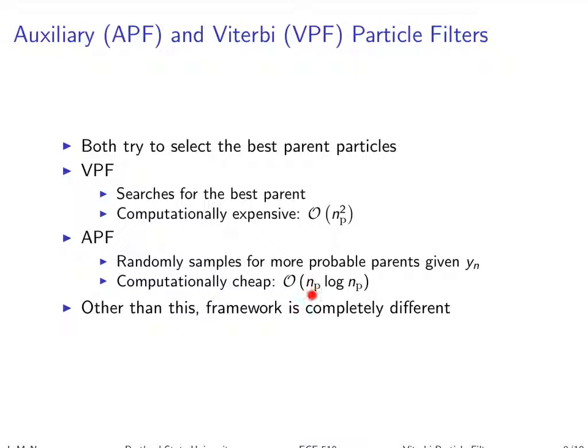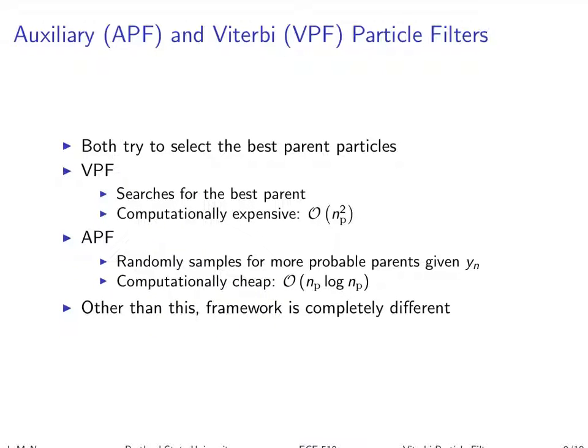That sort operation to do the pre-sampling requires NP log NP operations, which is more or less linear. This log NP increases so much more slowly than the NP factor that I tend to think of this as being very similar to having linear scaling with computation, even though that's not technically true. But it's much cheaper, especially for a large number of particles, than the Viterbi algorithm.